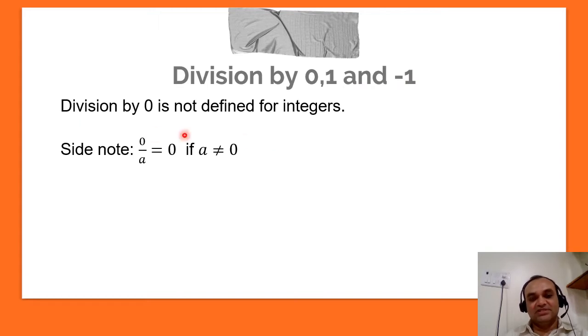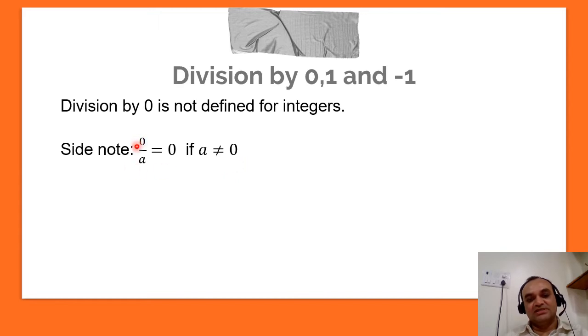So division by 0 is not defined for integers. So A by 0 is not defined. As a side note though, you can divide 0 by any integer and the answer is 0. So 0 by A is 0, but A has to be non-zero.